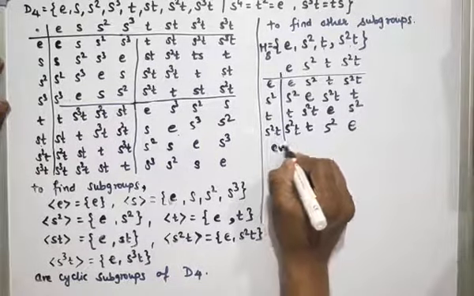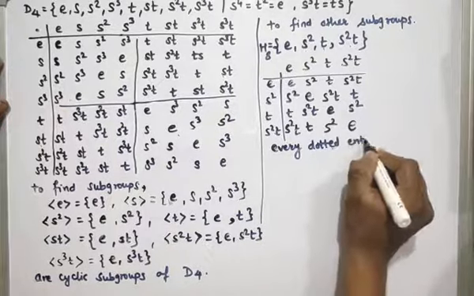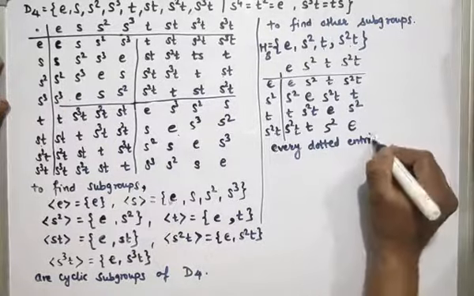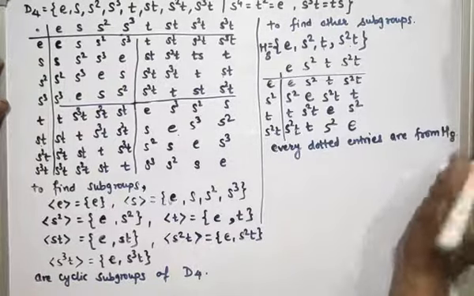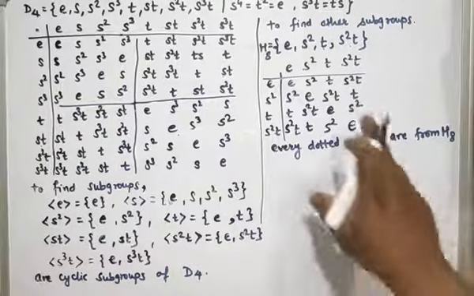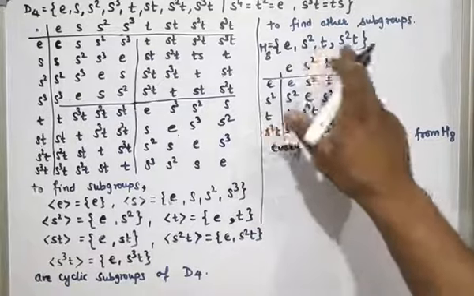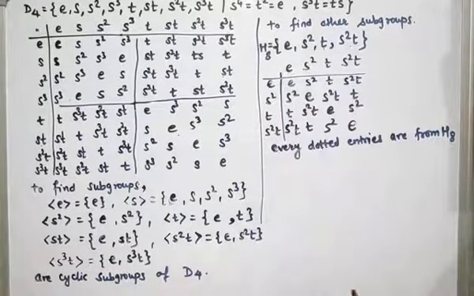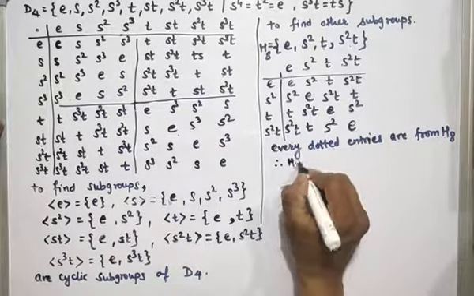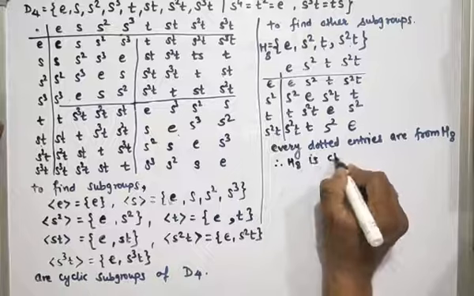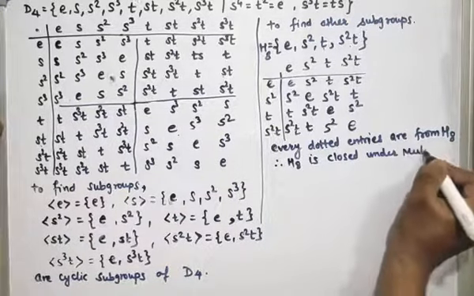Every dotted entry in the table is from H8. Look at the picture. Every entry is an element of H8, right? So first property, H8 is closed under multiplication, right?